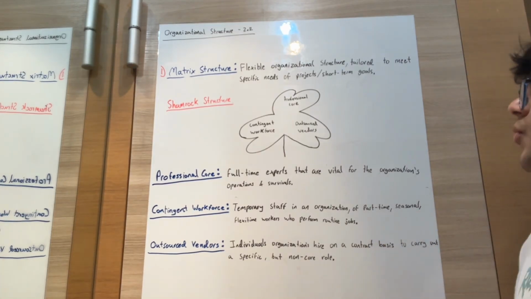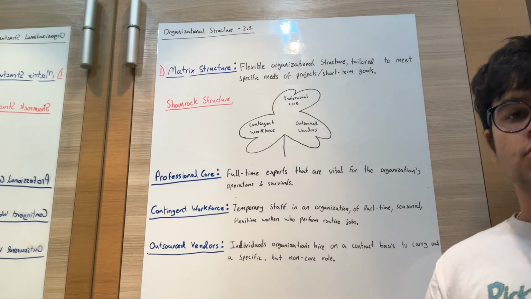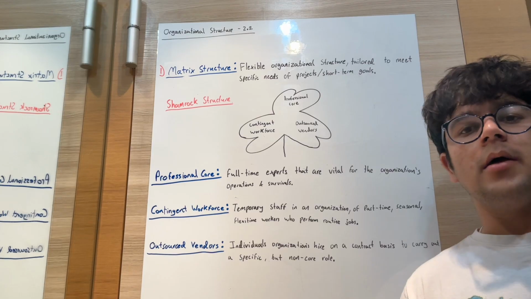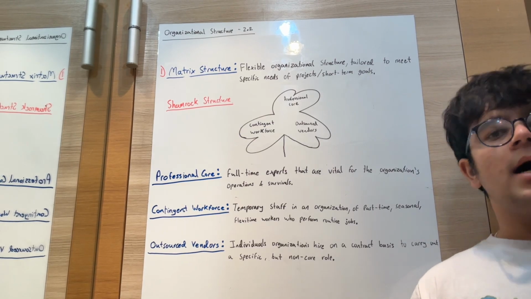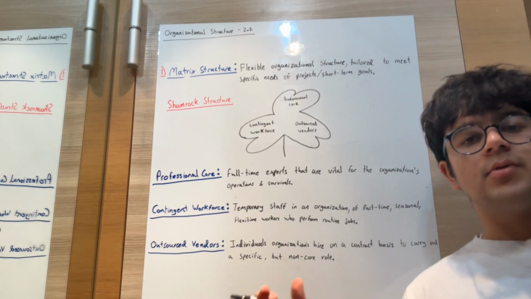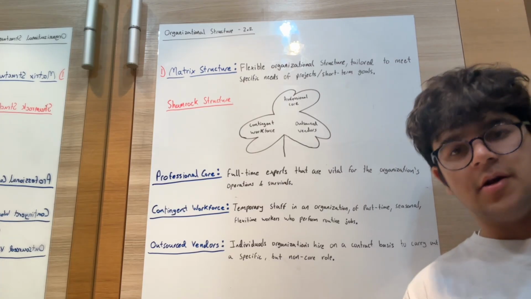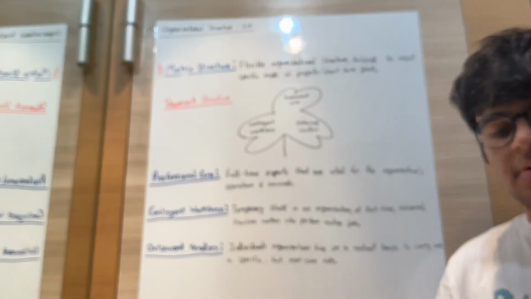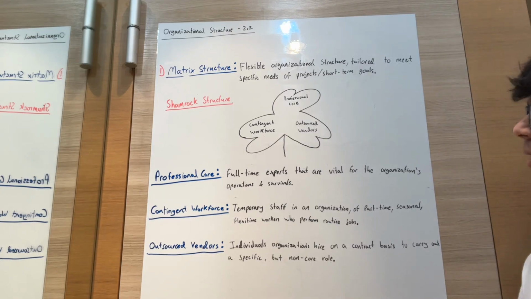So let's say you are an art gallery and you're hosting a gala. You don't always have to hire security 24/7 if you throw one gala a year. So you can save so much cost by just outsourcing your security for that specific event.